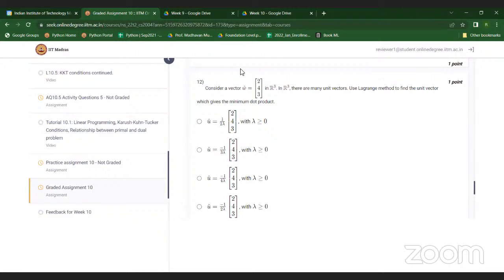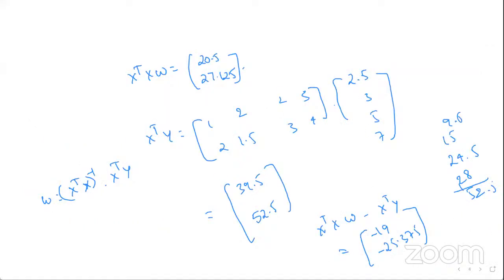So for example, let it be anything. We have this v vector as x, y, z, let's assume.